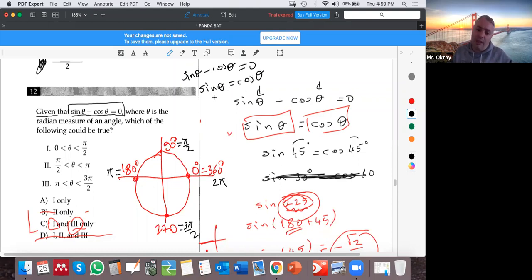So first of all, if sine is positive, cosine is positive. If sine is negative, cosine is negative. So where could it be? I mean, both sine and cosine positive or both sine and cosine negative. So you know that in the first quadrant, which is between 0 and pi over 2, sine is positive and cosine is positive. And then here, sine is negative and cosine is negative. Where? In the third quadrant.